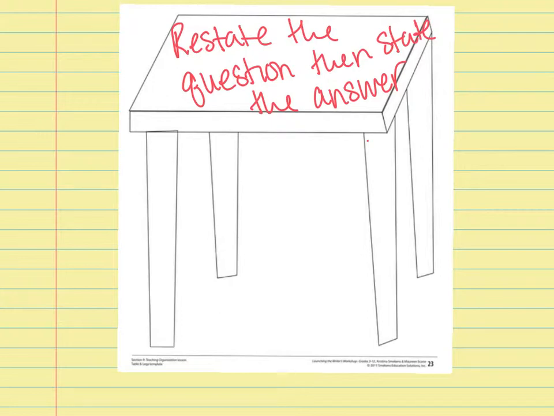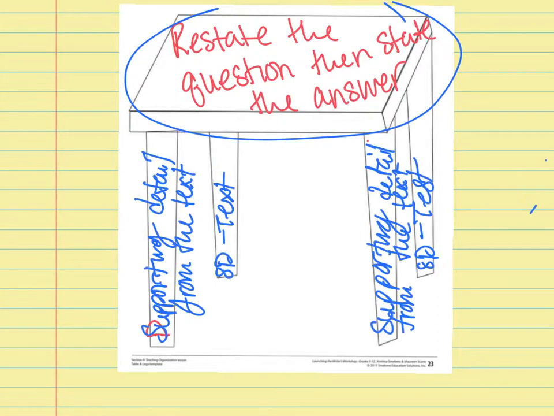Because then we need a supporting detail from the text, a supporting detail, a supporting detail. How do we know this? How do we know that that is the answer? Well, that's where we need to use supporting details. We need to add those details from the text to each of the legs. Each leg should have a different supporting detail directly taken from the text.